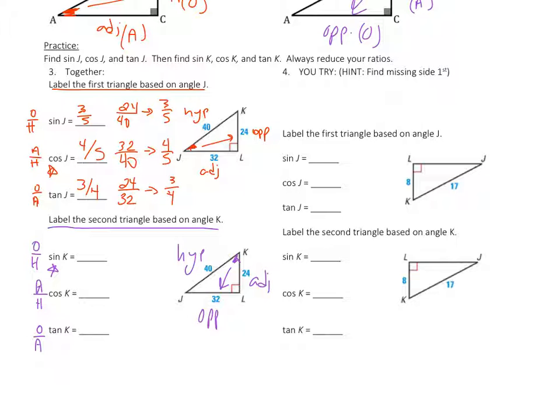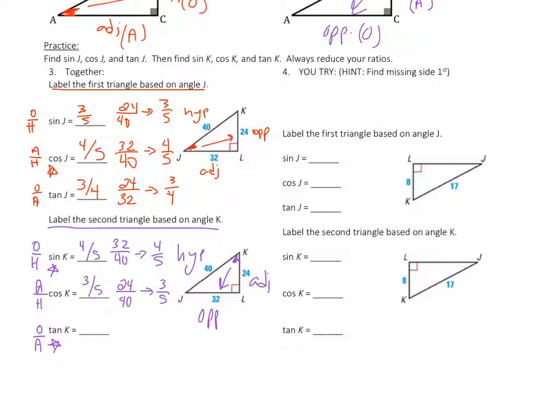The sine of K should be your opposite, so 32 over your hypotenuse, 40. When you reduce this, you would get 4 out of 5. Cosine then, remember, is adjacent over hypotenuse, so adjacent is our 24, hypotenuse is the 40. When we reduce it, we would get a 3 out of 5.